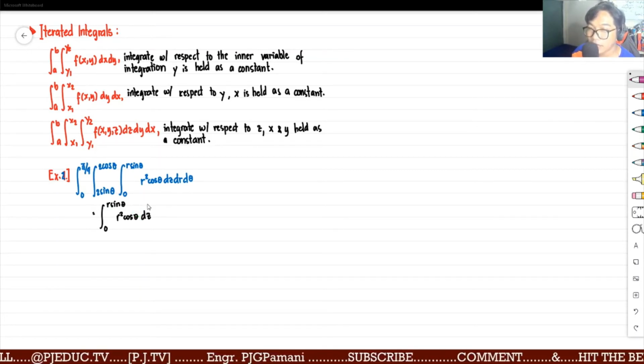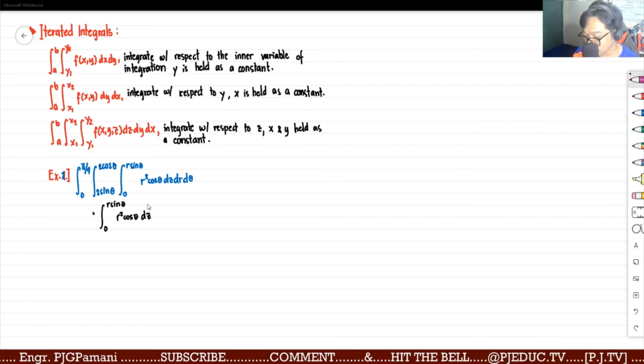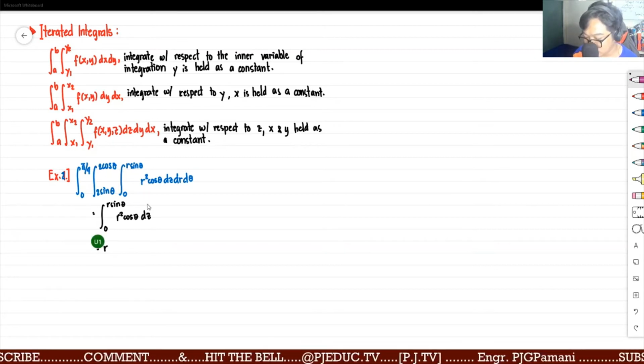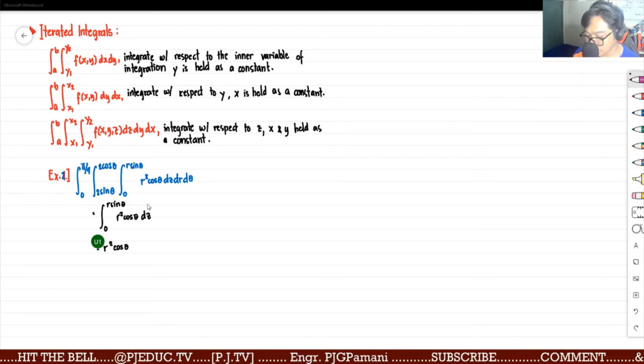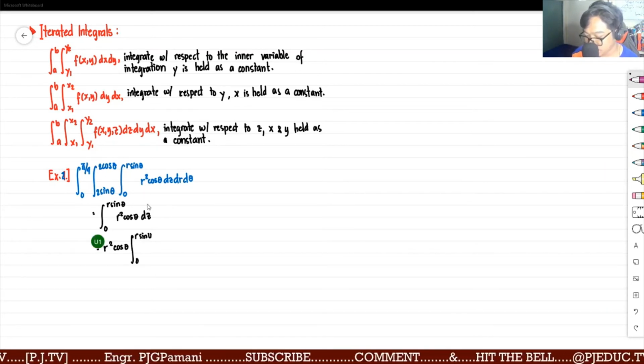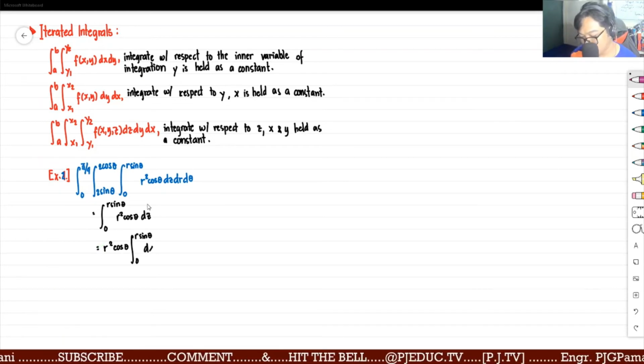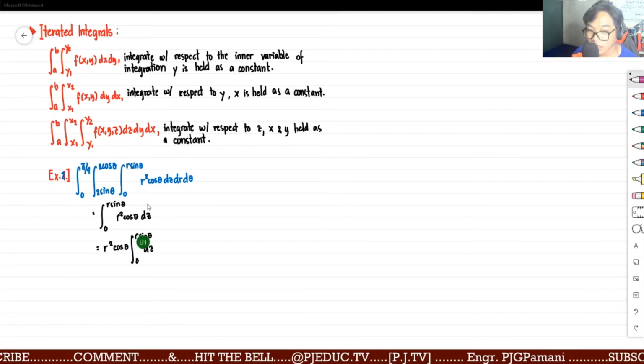So walang ibang z variable within the given integrand and the limits. So basically the integrand will be considered as a constant in this part. So r squared cosine theta of 0 to r sine theta, then dz.